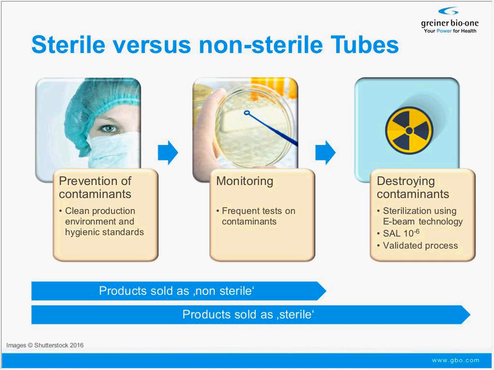I want to again explain the difference between sterile versus non-sterile tubes. So tubes that are produced and sold as non-sterile, they are produced in a particle-reduced and particle-controlled clean room-like environment under hygienic standards, and this is done in combination with frequent monitoring, so it can really be secure that what you aimed at, namely no contaminants, is really the case. Tubes are clean, but not carrying the label sterile.